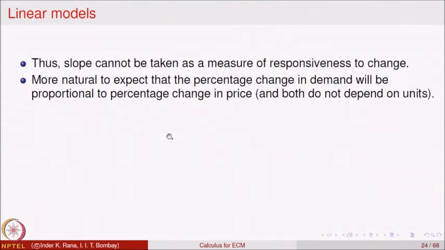It is more natural to expect that the percentage change in demand will be proportional to the percentage change in price. In that case, the unit is gone from the scenario.